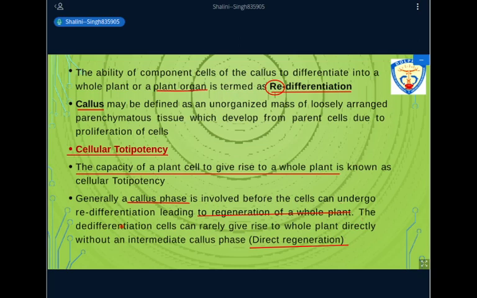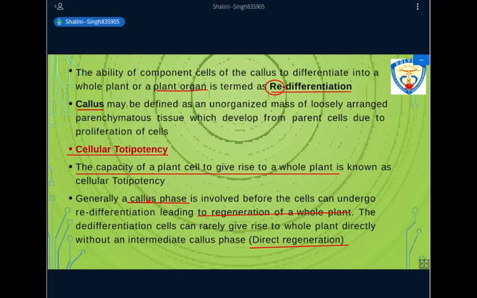And the dedifferentiated cells can rarely give rise to a whole plant directly without an intermediate callus phase. It depends upon your plant species. It may not happen in all the plant species that you may have direct regeneration, but when you search the literature, there are reports of species which can be regenerated directly without an intermediate callus phase.